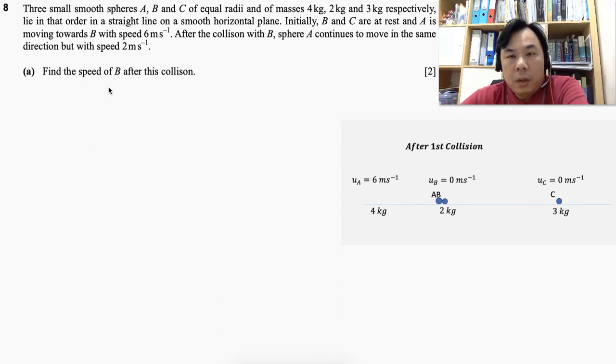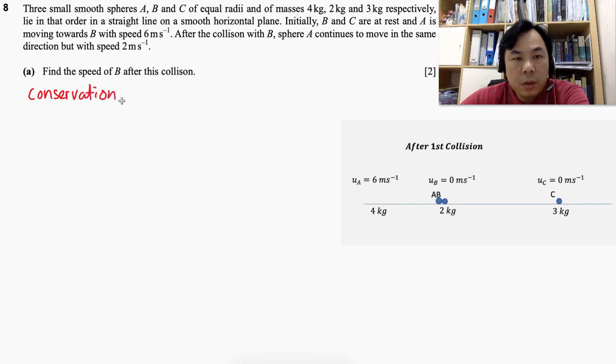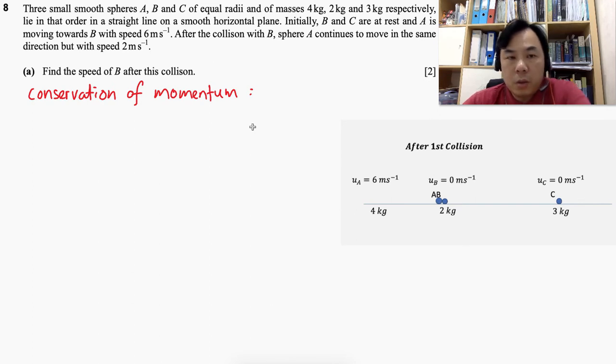Now in terms of collisions, we have to apply conservation of momentum. Conservation of momentum states that the total momentum of the entire system remains constant for a closed system, which means there's no external force acting on the system itself.